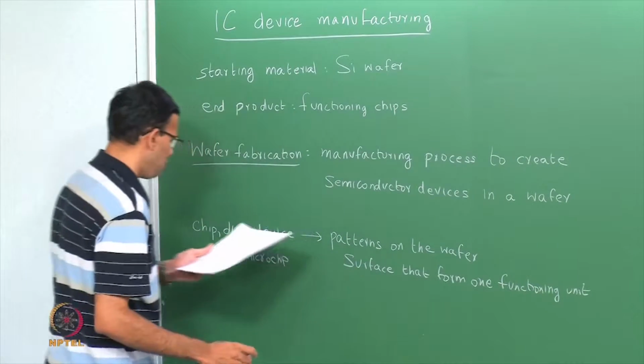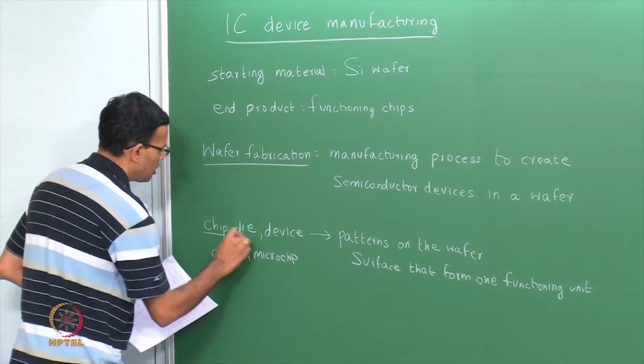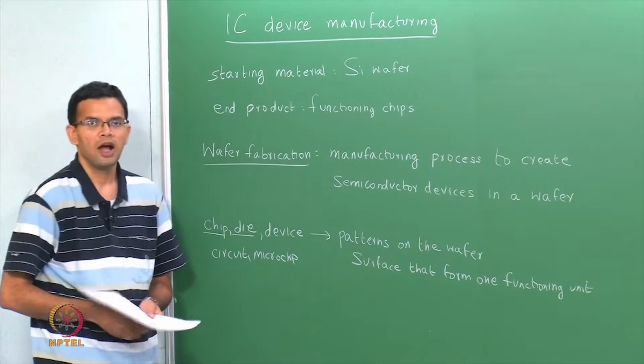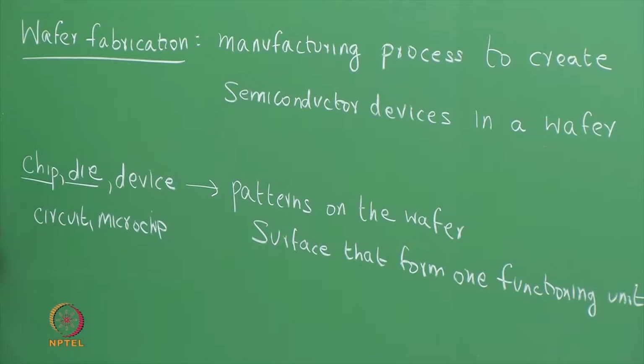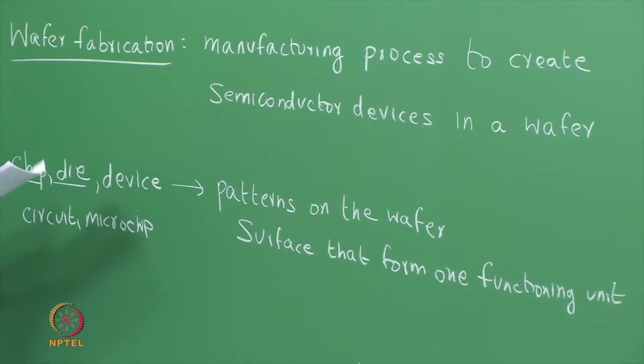Out of these, chip and die are the words which are most commonly used. A die is especially used in the context of a fab.